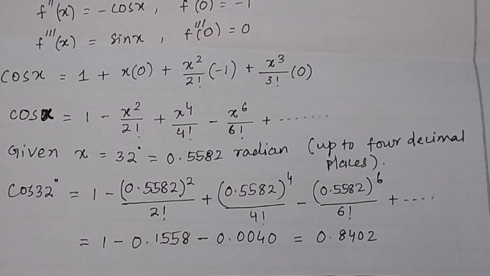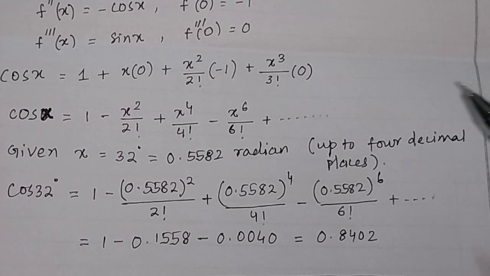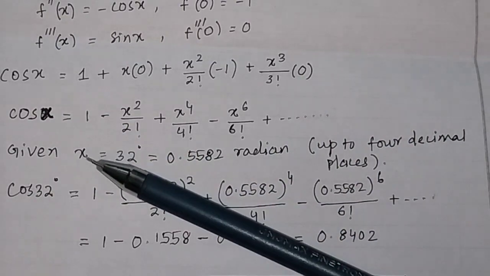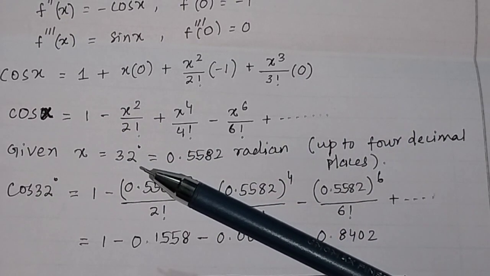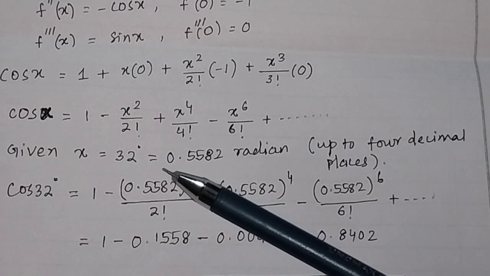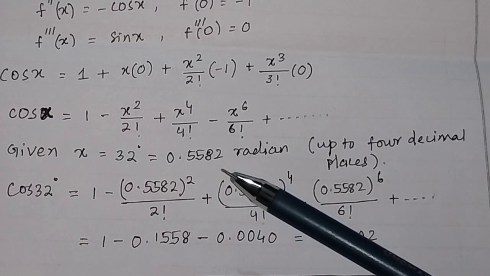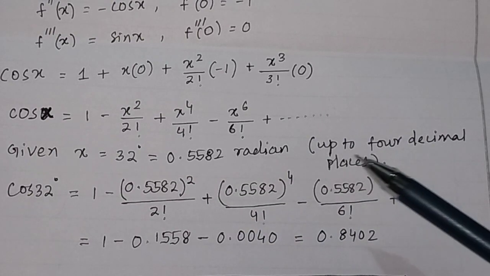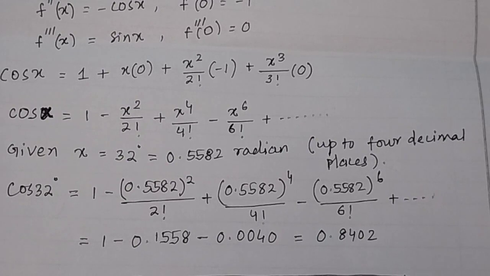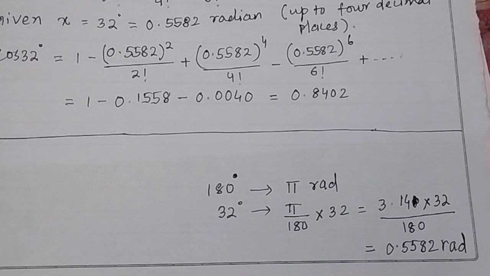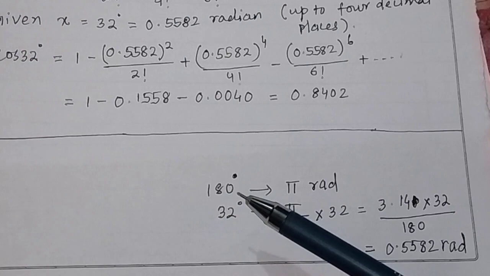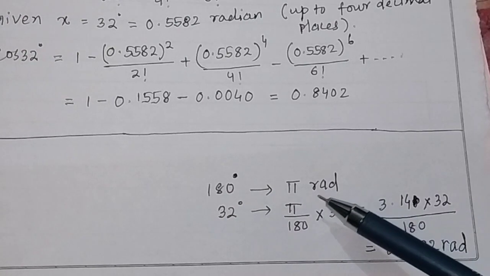And we have to find out the value of cos 32 degree up to 4 decimal places. Here the x value is given as 32 degree, and we will write it in radian. 32 degree will be equal to 0.5582 radian up to 4 decimal places, because we know 180 degree is equal to pi radian.